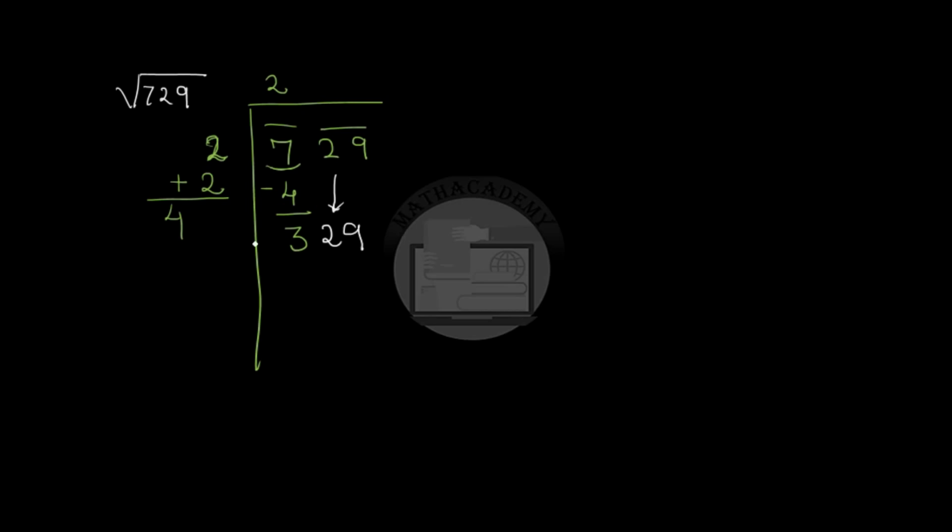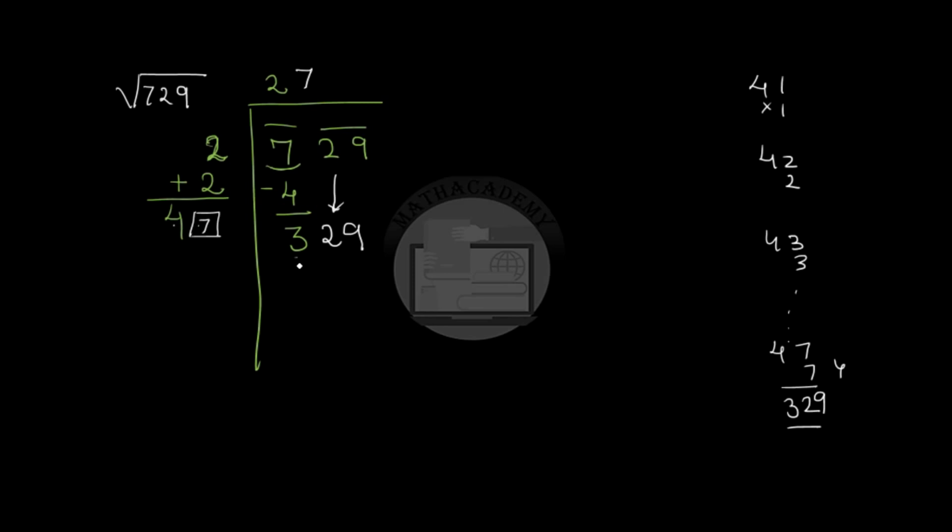So our new dividend is 329 and we have to fill in a digit here. We can do 41 1s are, 42 2s are, 43 3s are and so on, and check which number can be filled in here. If we do 47 7s are, we get 329. This means that this blank has to be filled by 7.